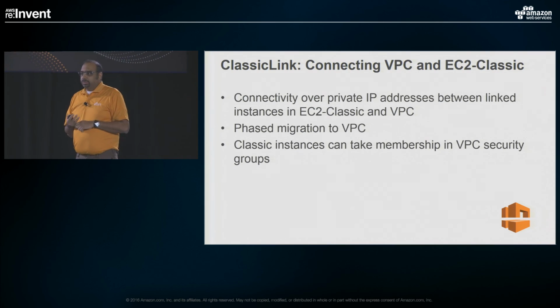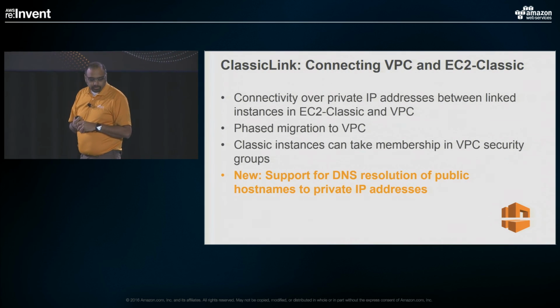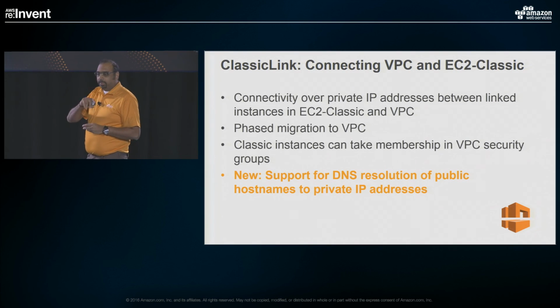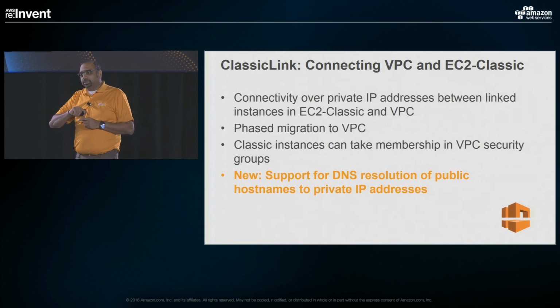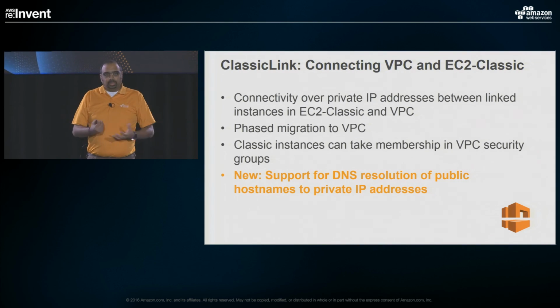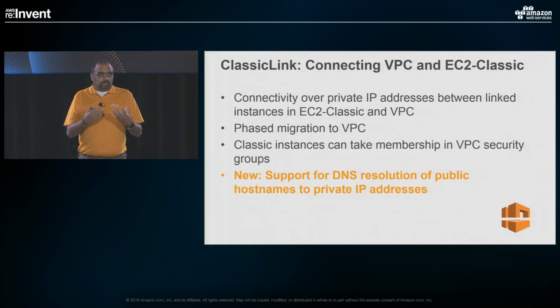What we did last year was we launched a feature for DNS resolution of your public host names to your private IP addresses over ClassicLink. So the idea here is if you have workloads sitting on Classic that's running EC2 DNS, so you're resolving these addresses using DNS, and you have the same thing on VPC.